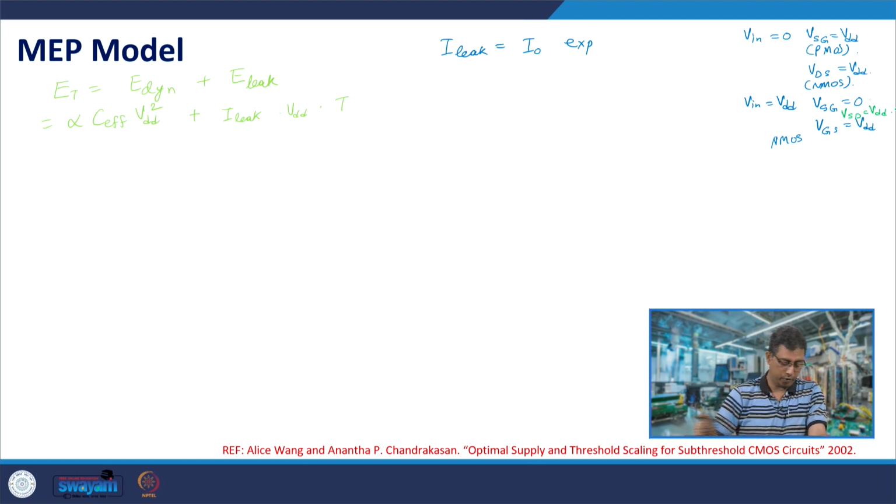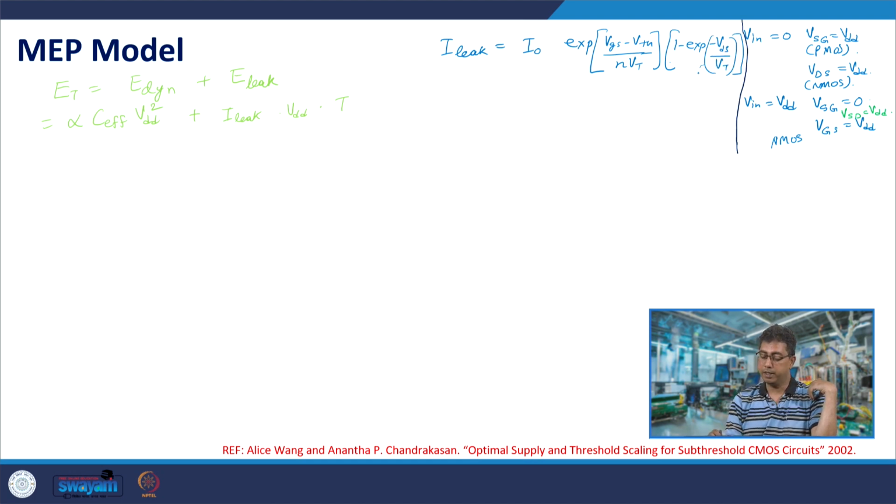So, when we write this leakage current, we are writing for either P MOSFET or N MOSFET, where the gate to source or source to gate voltage is 0. So, you would find this to be I naught into exponential VGS minus VTH by NVT. We are right now ignoring the impact of V out or VDS. We also have a term 1 minus exponential minus VDS by VT.